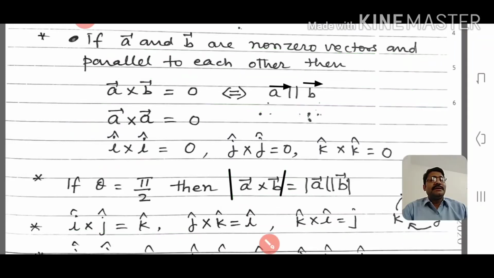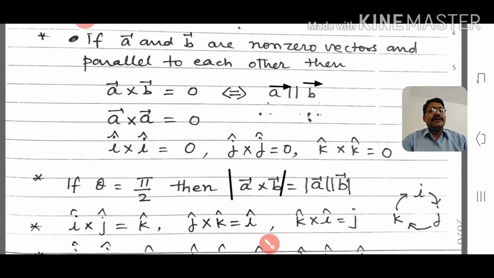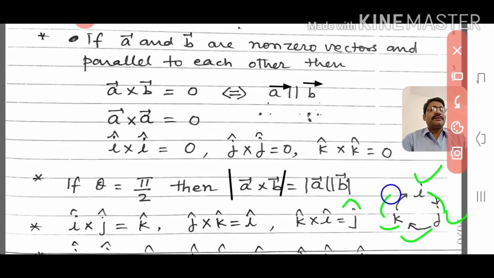In this way you can understand the cyclic order i, j and k: i cross j gives k, j cross k gives i, and k cross i gives j.